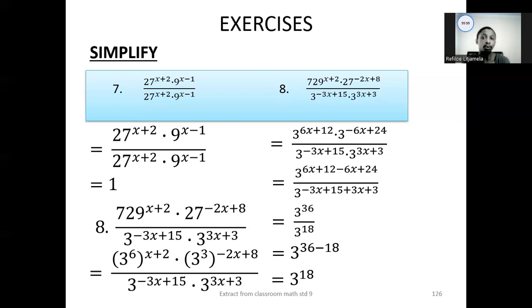It's your choice if you want to expand that. You can expand it if you want to. It is absolutely your choice.